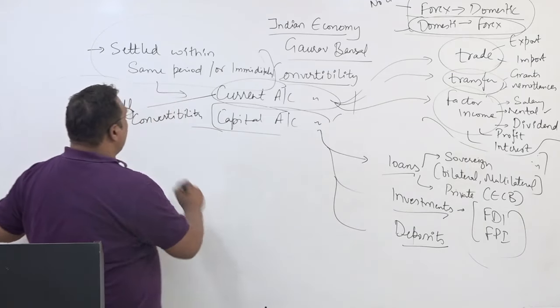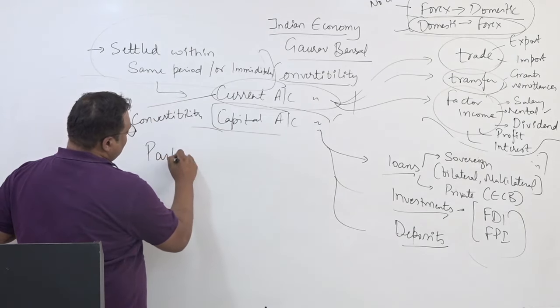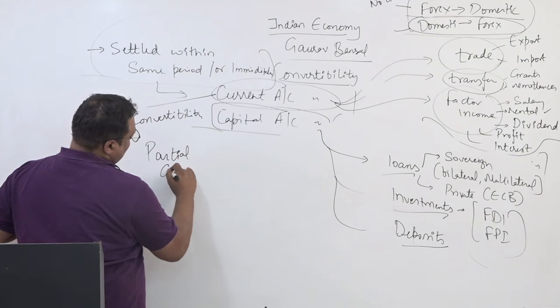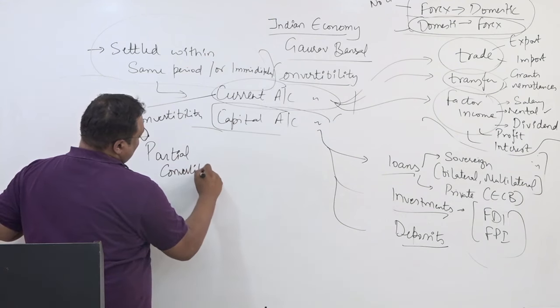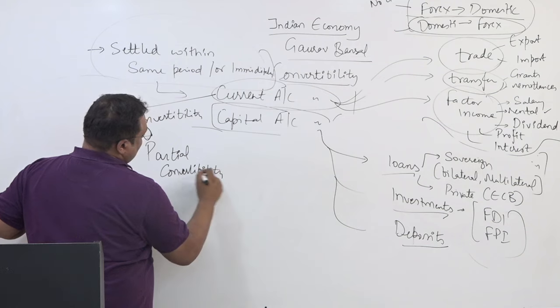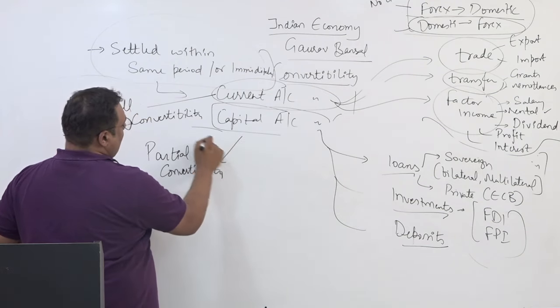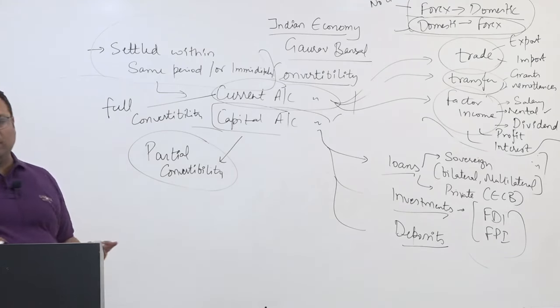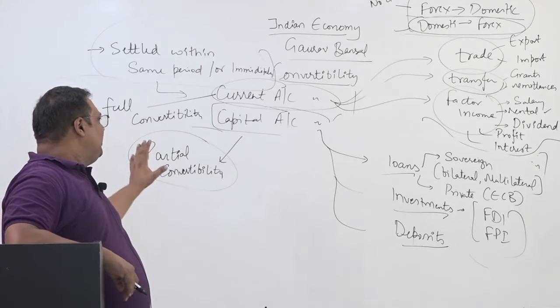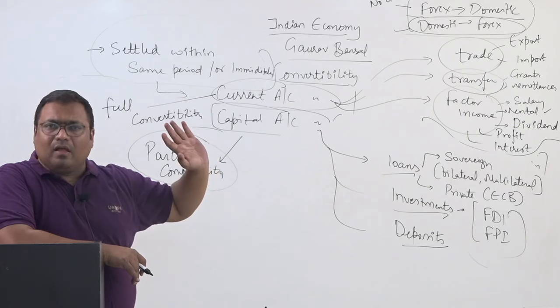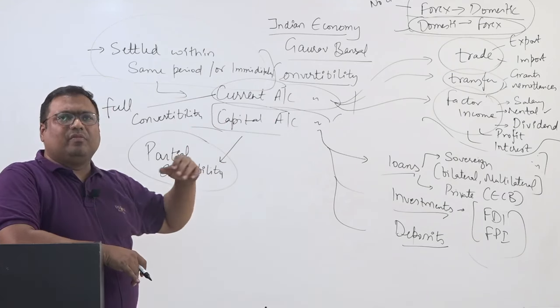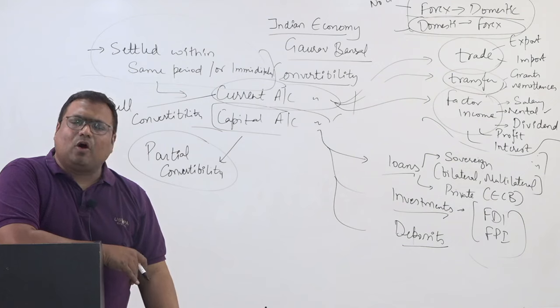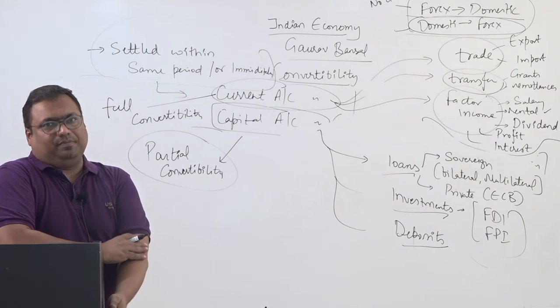That is why we call it partial convertibility. Up to $50 million, money is available very easily for any purpose. But above $50 million, you need some permission.